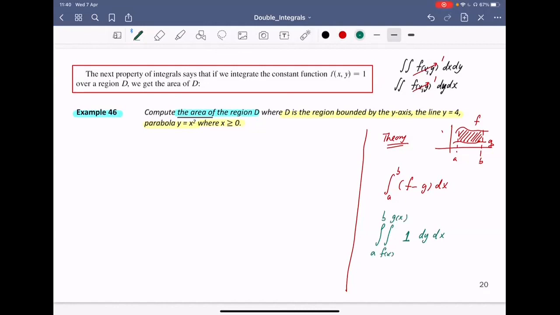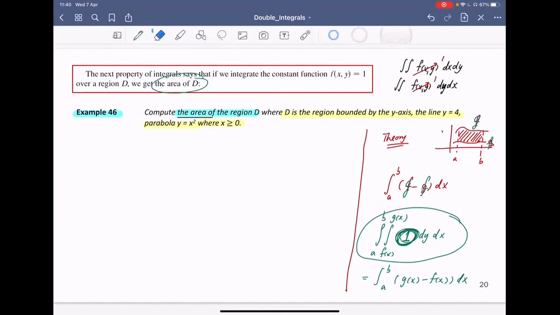Well, this is the same thing because if you integrate that, it comes back to the integral from A to B of g(x) minus f(x) dx. G is on the top, sorry. Good. That means if you set up the double integral and use the integrand to be 1, that is actually the area. All right, so that is the theory part.